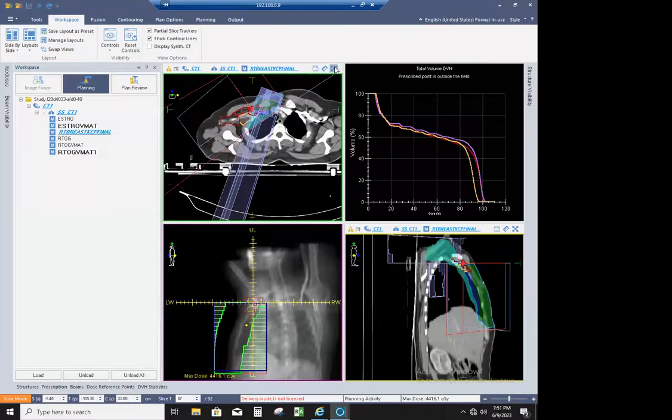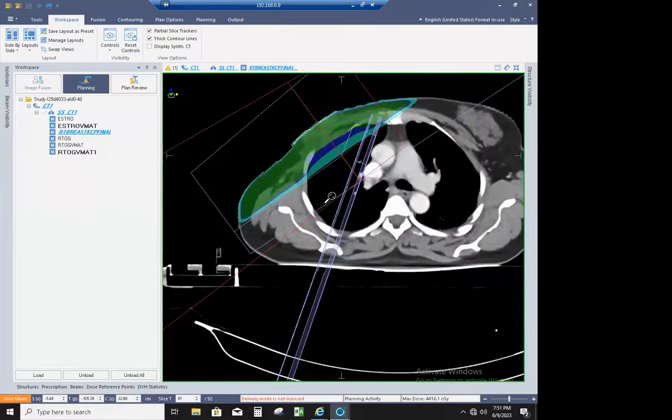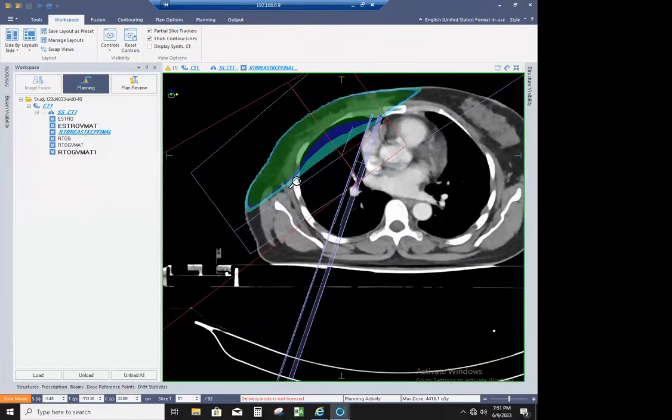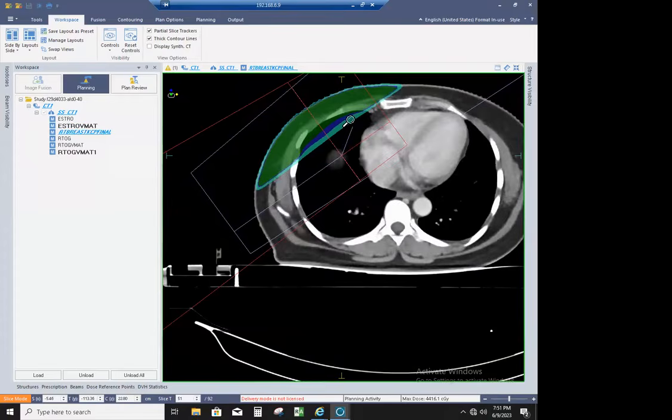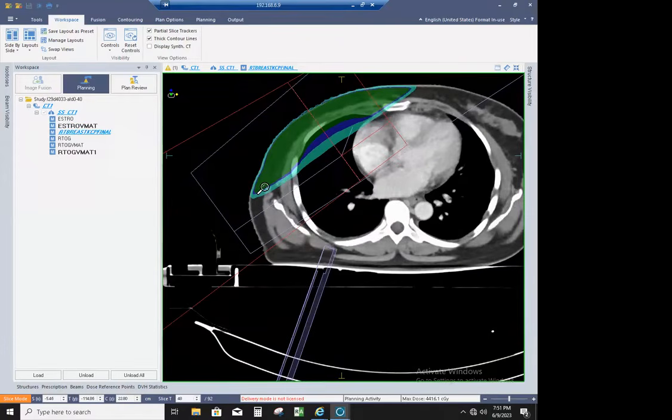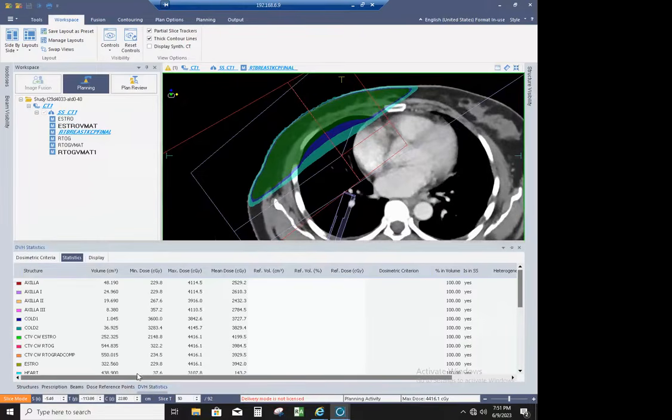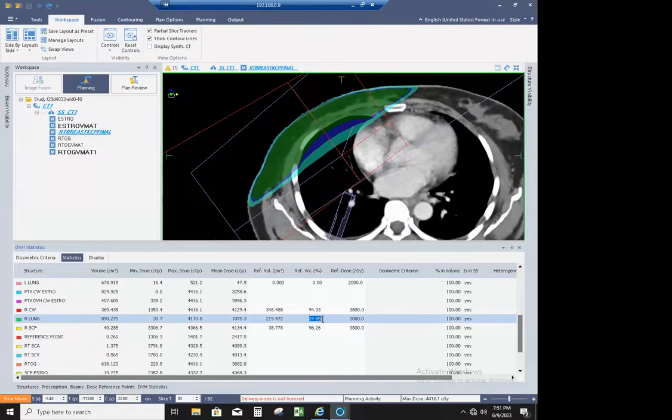We still prefer going by tangential fields, but tangential fields unnecessarily give dose to some normal structures, and at the same time the lung dose will be slightly high. You can see the right lung dose is 24 gray.